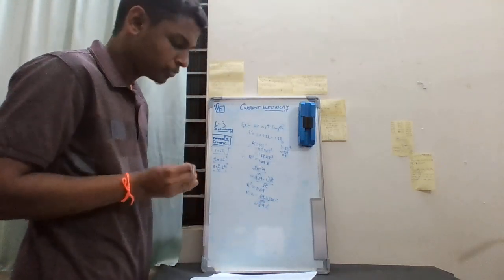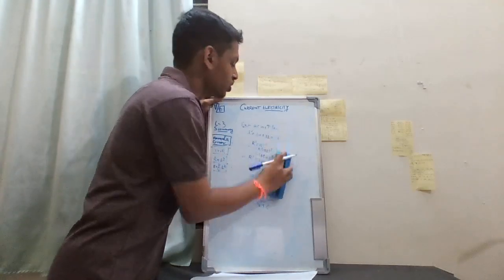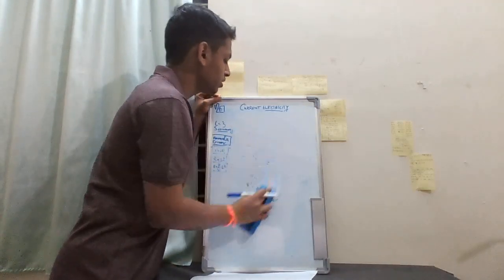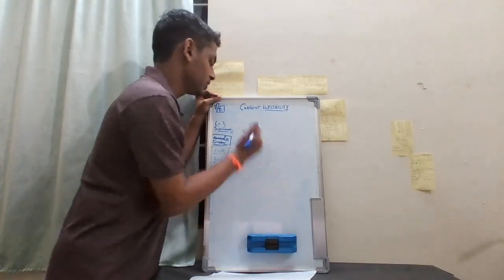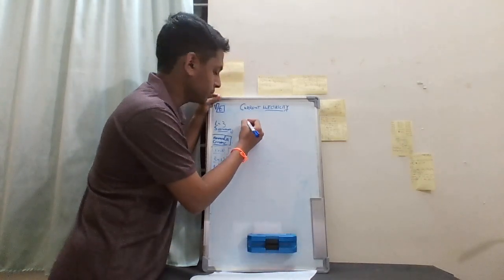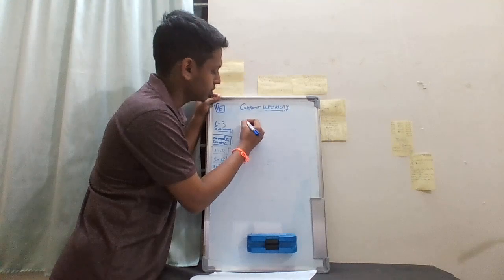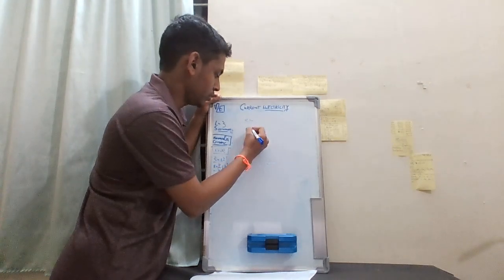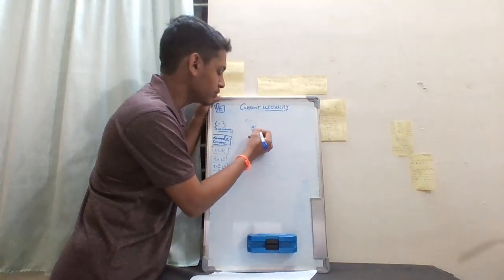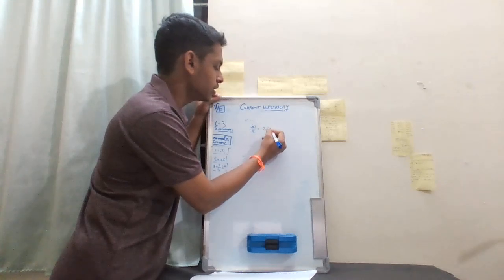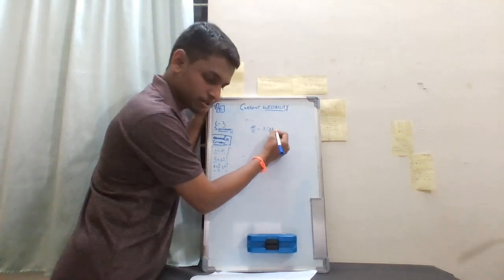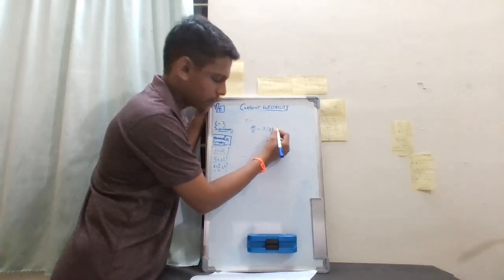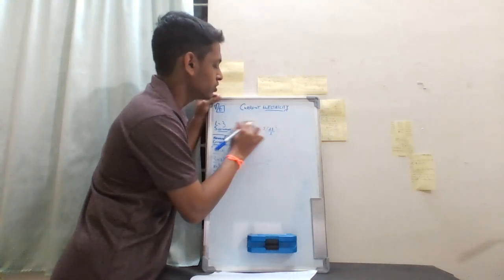Now if the percentage change is very small, negligible, then we'd say that delta R by R equals 2 times dL by L. This is our fractional change.